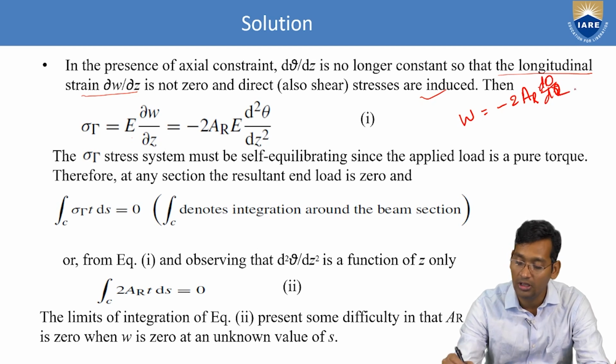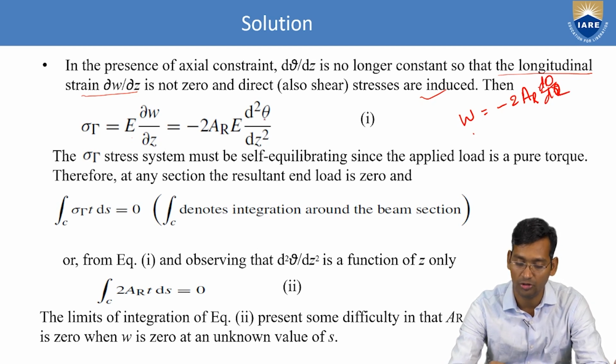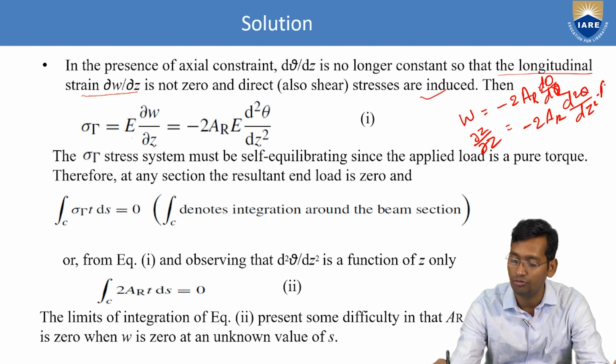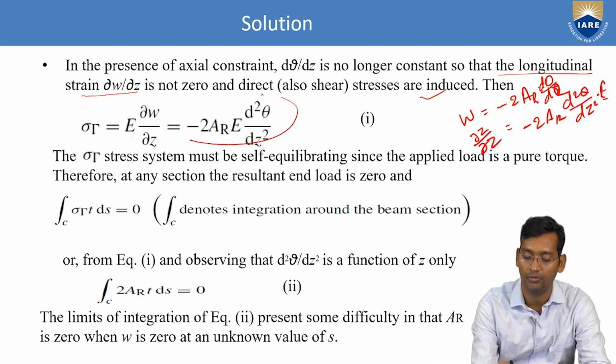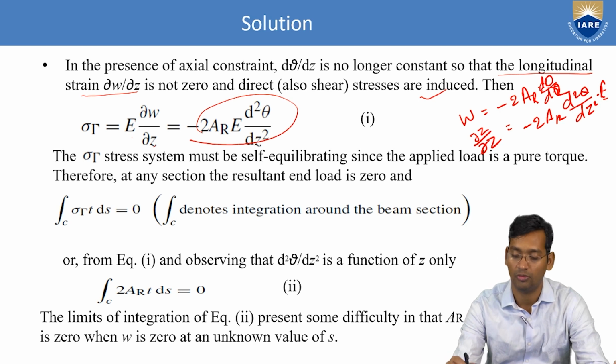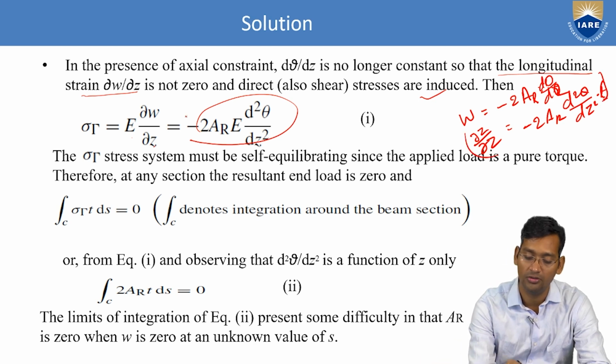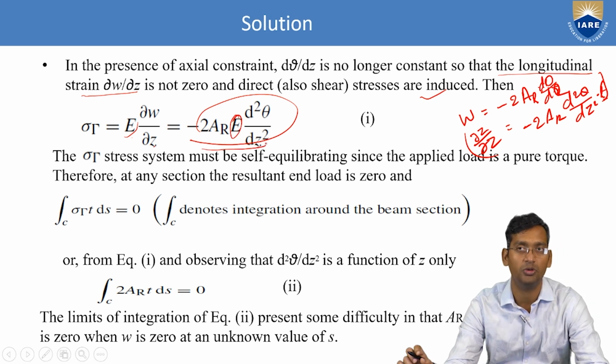Just put it here. So now just differentiate this one again, right? Because del w by del z is required. So del w by del z equals, after differentiating, minus 2A r d2 theta by dz square, and multiplied by E here. So after multiplying E, we get this equation, right?